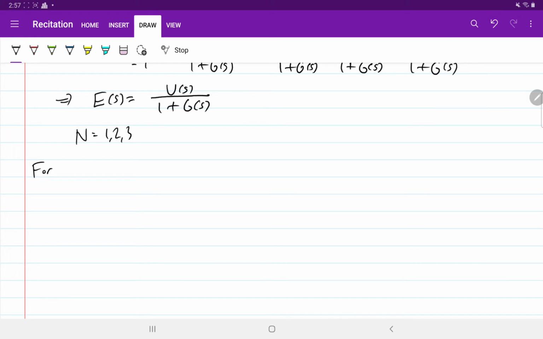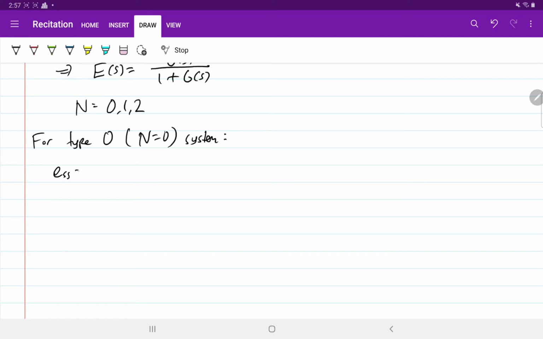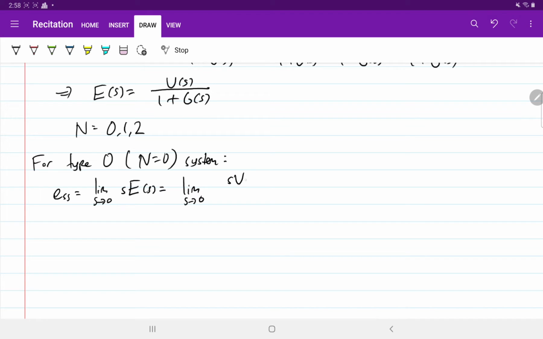For system with type 0, sorry, this should be type 0, 1, 2, type 0, or n equals to 0. Then the steady state error is, assuming that the closed loop system is stable, then s e of s, right, which is s u of s over 1 plus g of s.